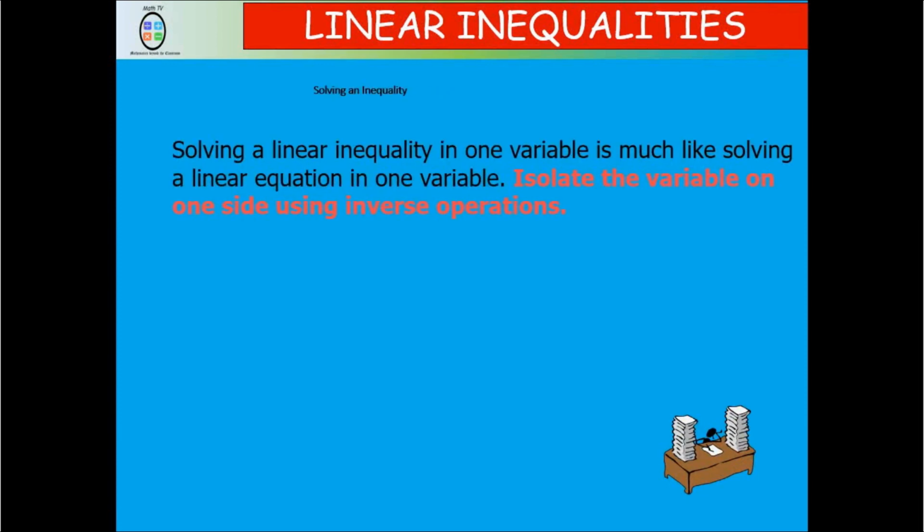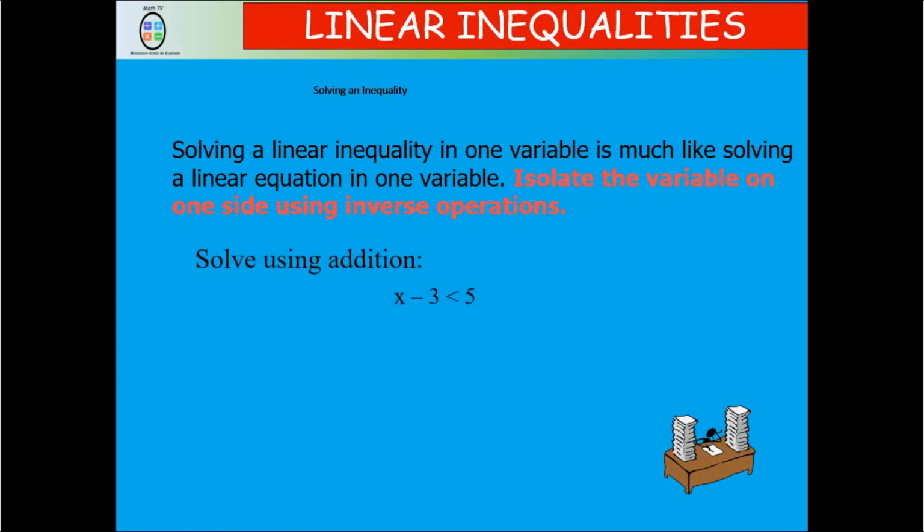So again, oftentimes in an exam, you're gonna get an inequality and you're gonna have to solve for the range of x. You're gonna have to isolate the variable, and it is put in red and bold for you. To isolate the variable, you perform the inverse operation.